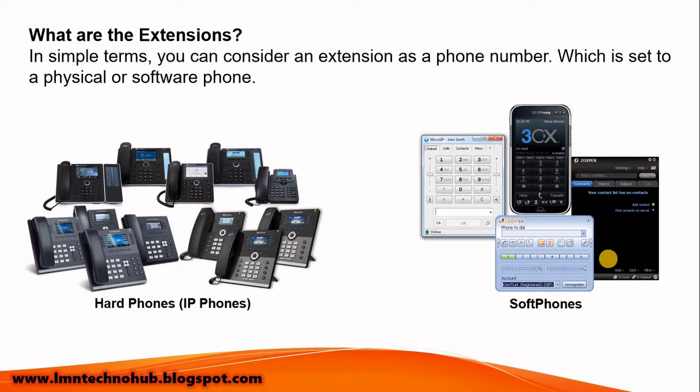The basic difference is that hardware phones look like an analog phone or an old dialer phone which we use as home landline phones. It is just similar to that. The only difference is that these hardware phones are able to configure SIP extensions.